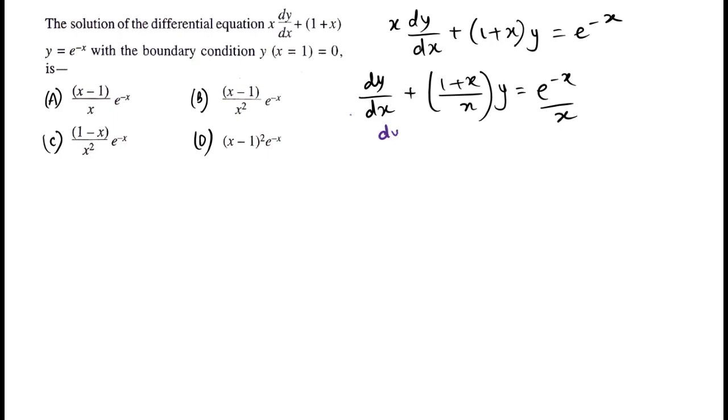But this is the same as dy by dx plus py equal to q, right? And this we are familiar with. Now what we can do is compare. So p is equal to (1 plus x) by x and q is e to the power minus x by x.